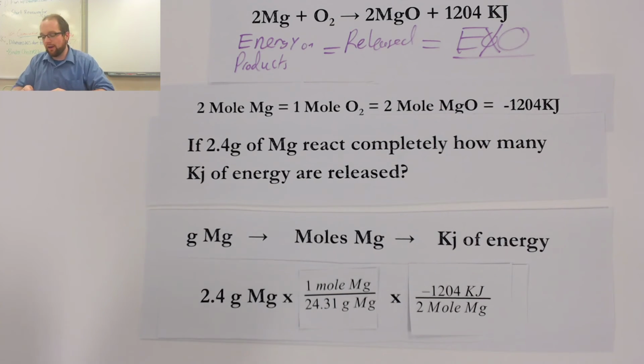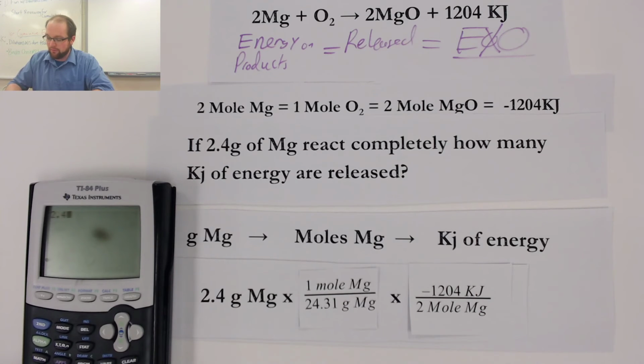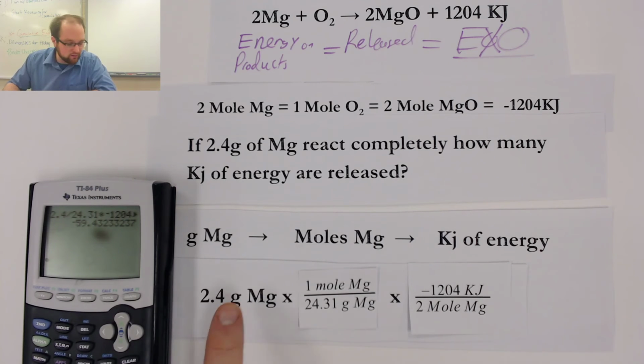Now let's get our final answer here that we can just plug and chug into a calculator. And then I'm going to take my 2.4 divided by 24.31 times -1204 divided by 2. So my final energy ends up being about 59.4, rounded to 2 sig figs.